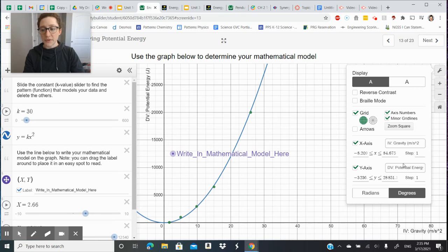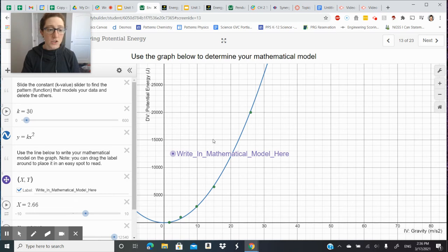If you don't know how to put that caret in, you can just put in the 2 there. Either of those is just fine. I could change this x-axis and cut it off around here at 40 or 30, but I am fine with this, so don't worry too much about that. As long as you can see all of your data points in there, I will be happy with that, and as long as I also see that you've identified your independent variable.